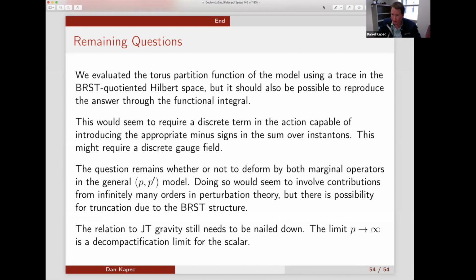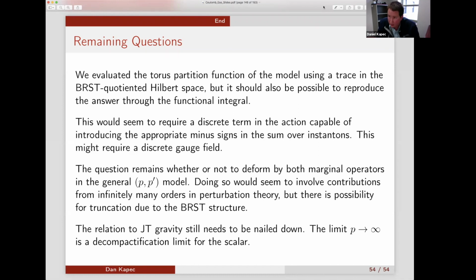regarding the torus partition function, which is that I evaluated it in front of you essentially algebraically using a BRST quotient, just a trace in the Hilbert space, but I think you should be able to reproduce it as well using the functional integral. And there you would need, or seem to need, some discrete term in the action which was capable of producing these minus signs in the sum over instantons.